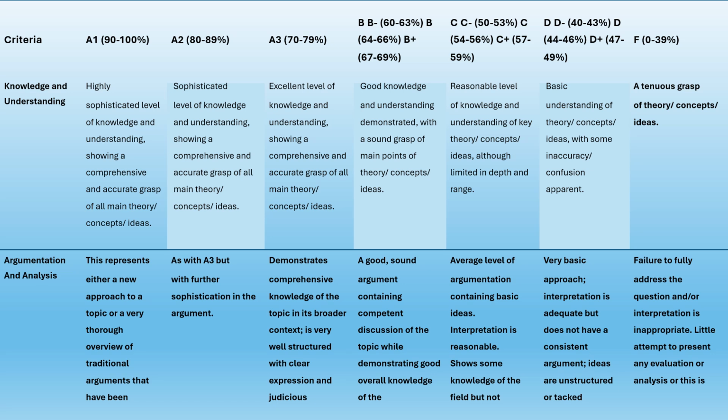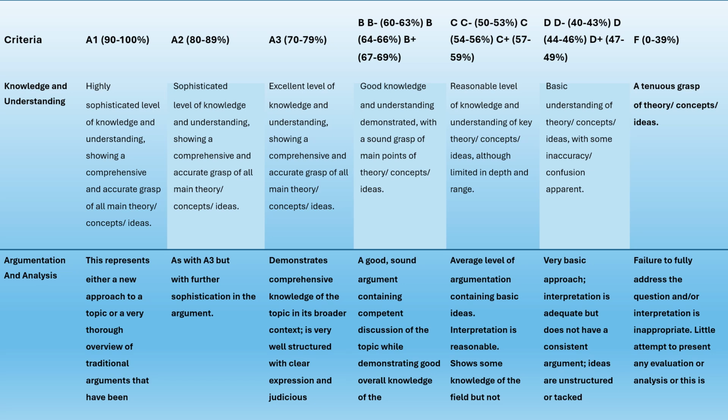For an A3, it says demonstrates comprehensive knowledge of the topic in broader context. For a B, it's good. For a C, it's average, and for a D, so they'll be looking at your work and judging what level it comes to. For knowledge and understanding, you might get an A1. For argumentation and analysis, you can end up with a B.